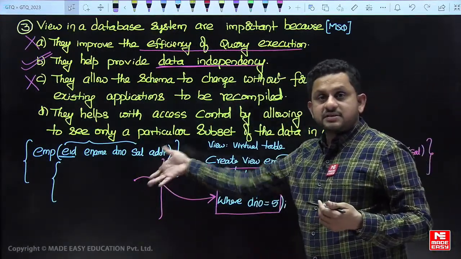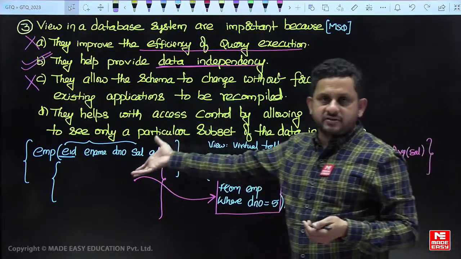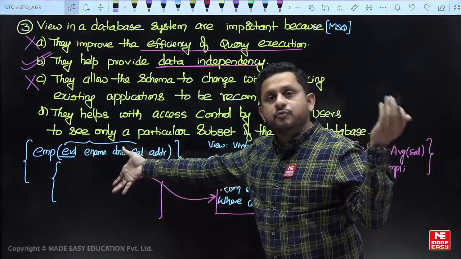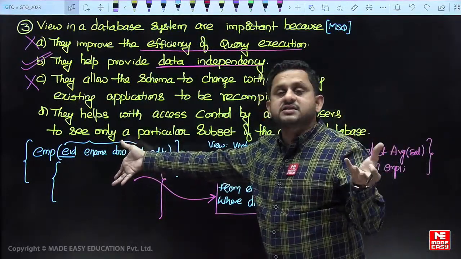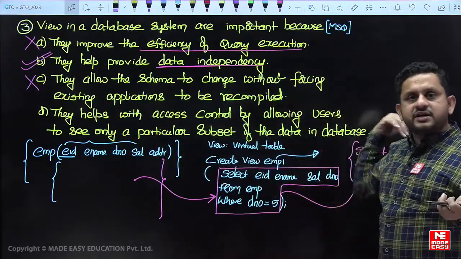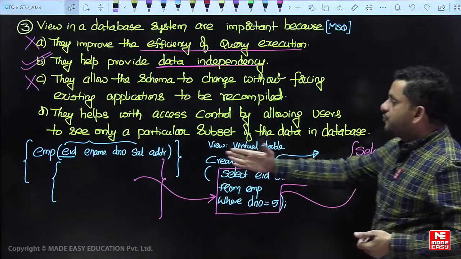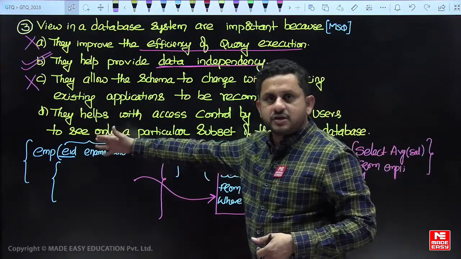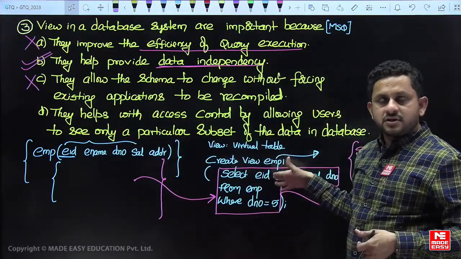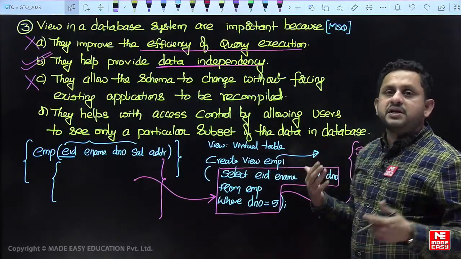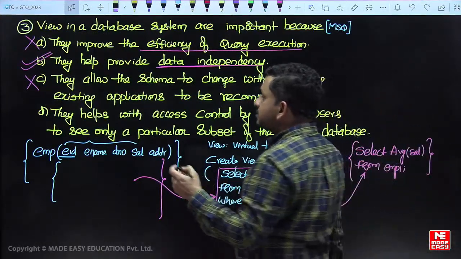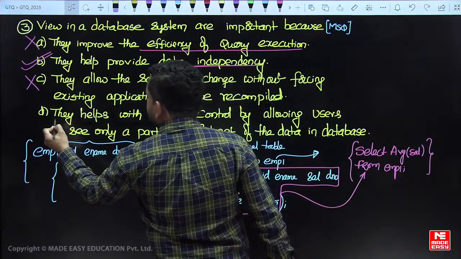The view depends on the original schema only. If the schema changes, the view does not work, and the application has to be recompiled, right. So C is a false statement.